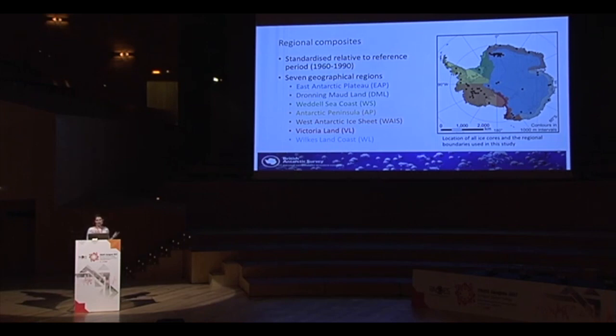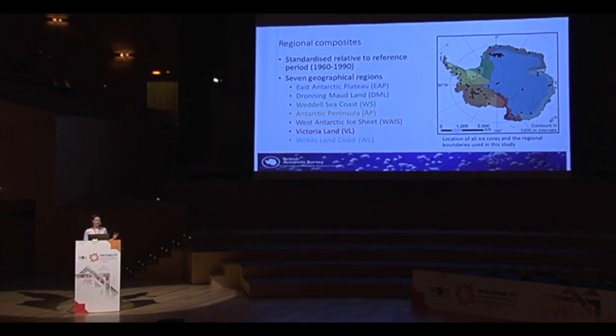So we again chose 7 regions, the exact same as the isotope study, though some of our boundaries are slightly different. Essentially, we're interested in separating out the low accumulation high plateau sites, or East Antarctic Plateau, from the higher accumulation, more maritime climate of the coastal zones.